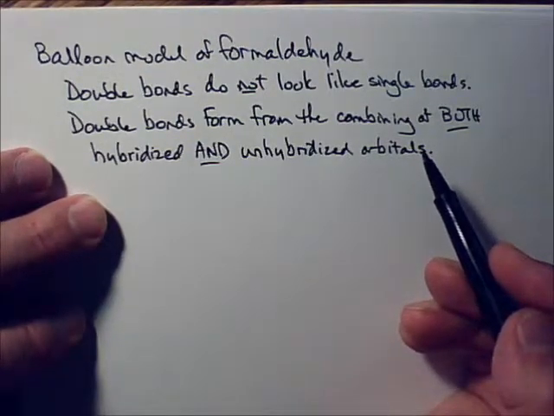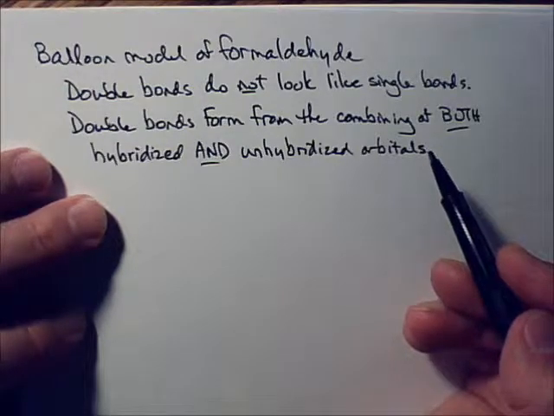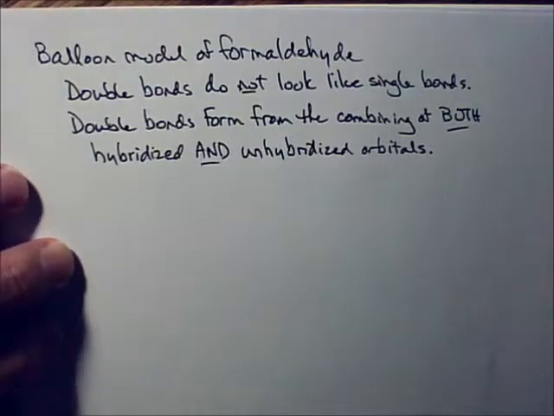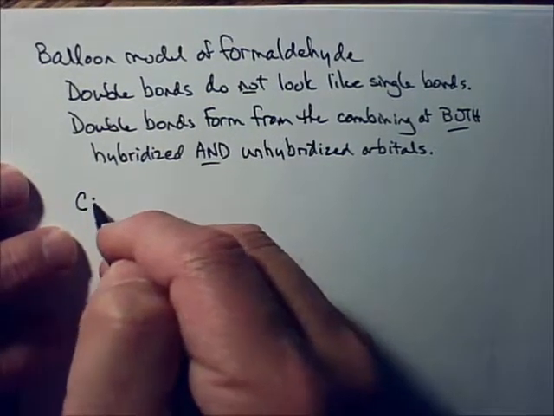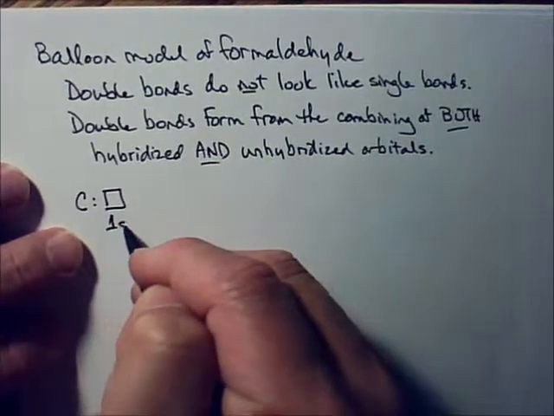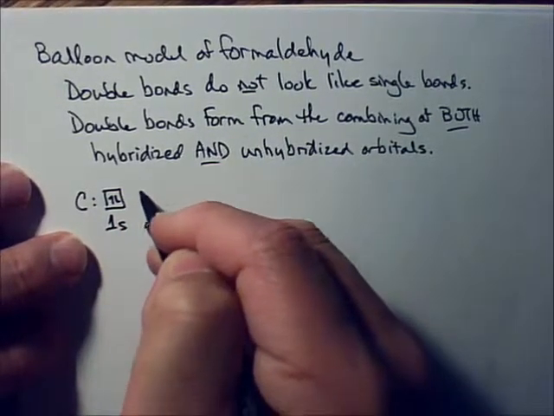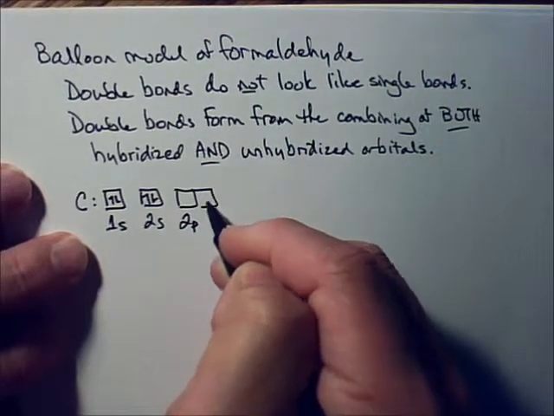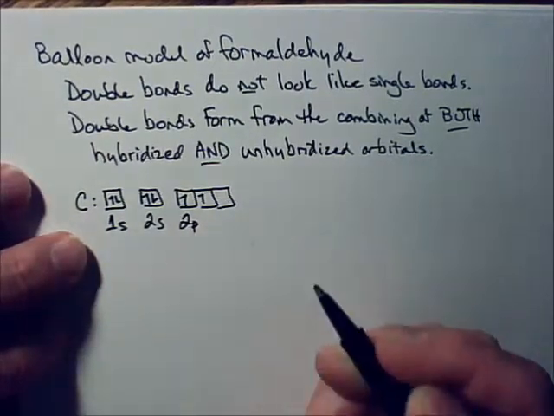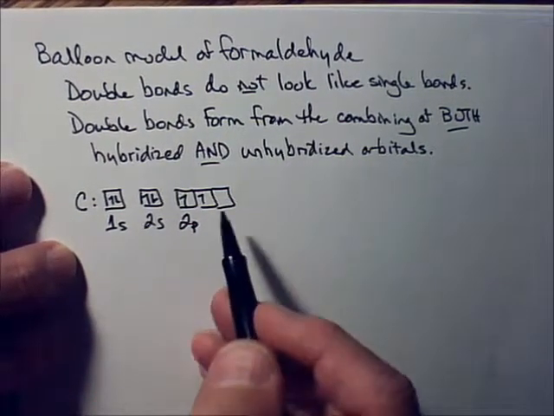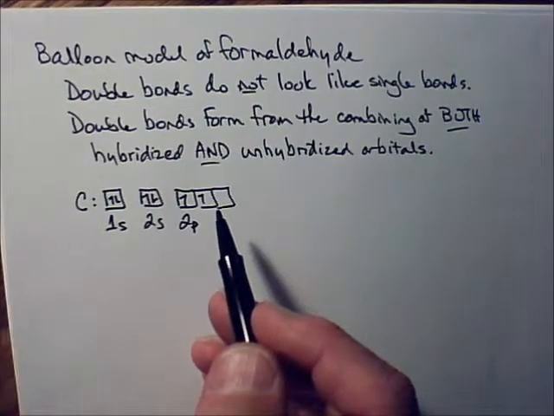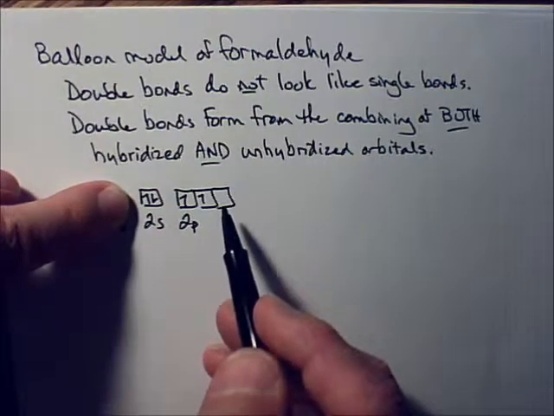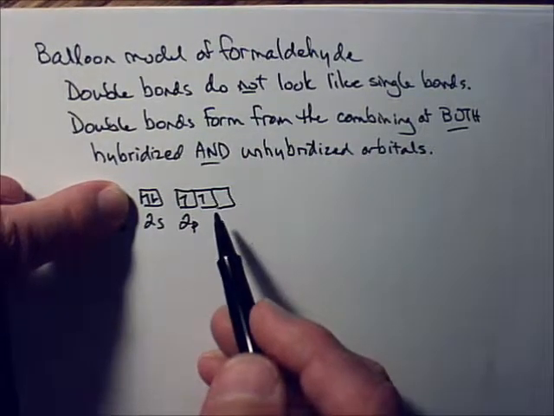So we have to go back and review from Unit 2 what we mean by all that. Carbon originally had an orbital notation of this. And when we hybridized carbon to make methane, we took all four of these S and P orbitals in the valence level and made them into sp3s.